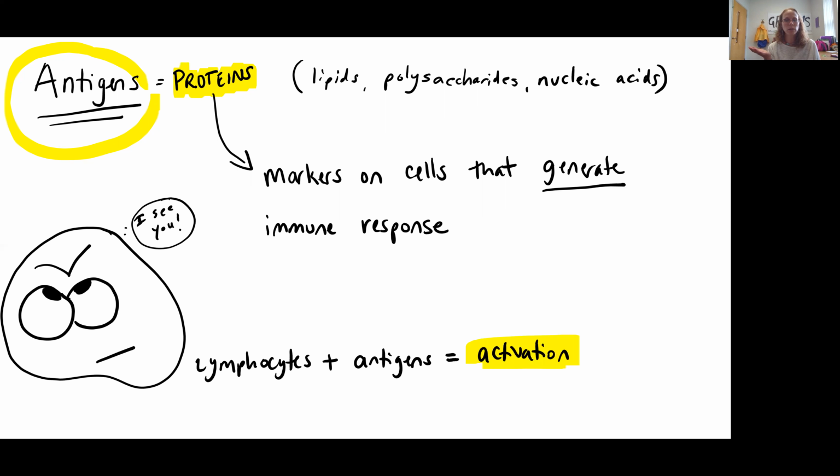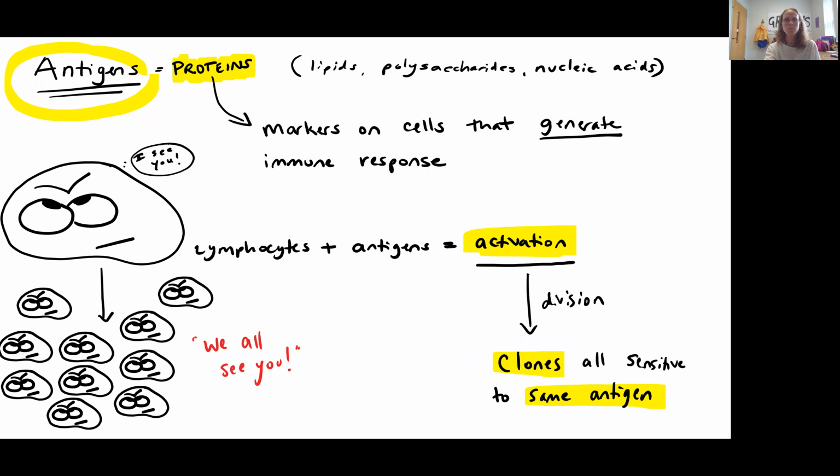What we see happening is those lymphocytes have to actually see the antigen before they can be activated. So once the lymphocyte is in the presence of the antigen, we're going to get that lymphocyte activated. When we talk about a lymphocyte being activated, what that means is it's going to do cell division and make more of that type of lymphocyte.